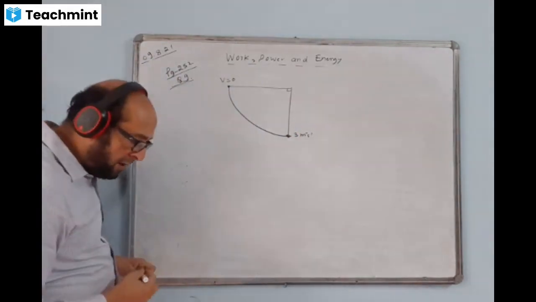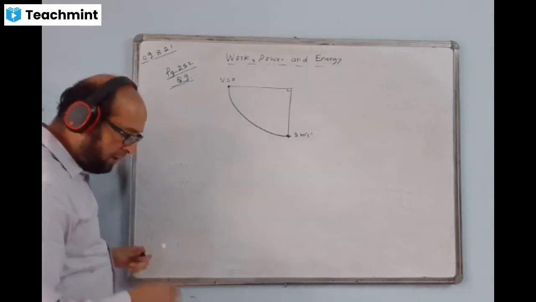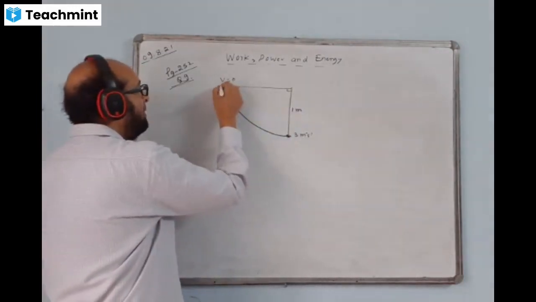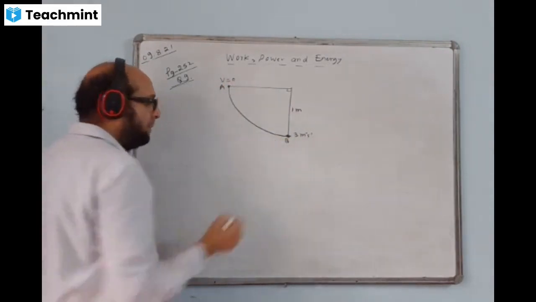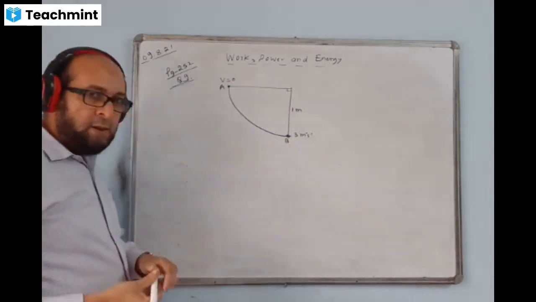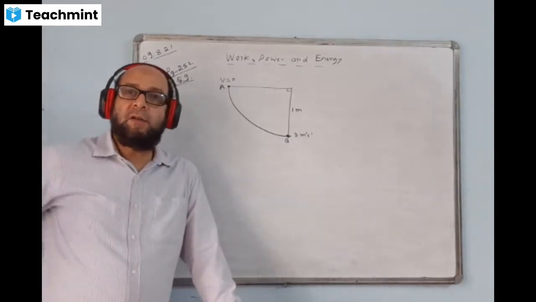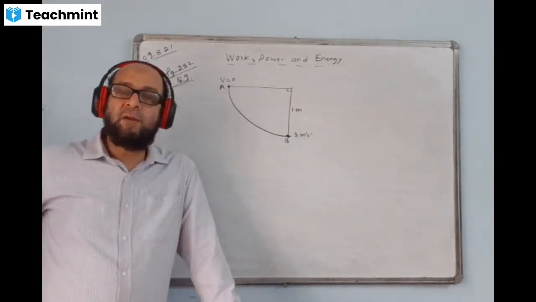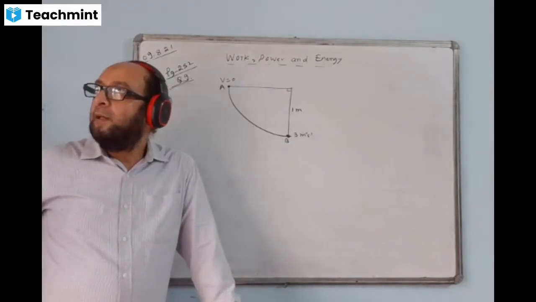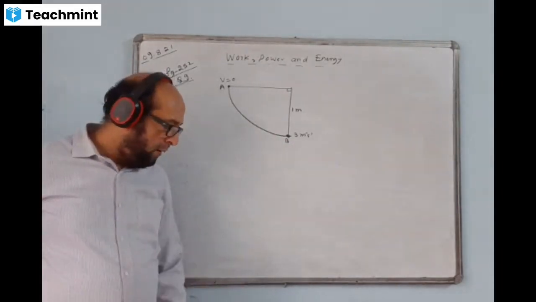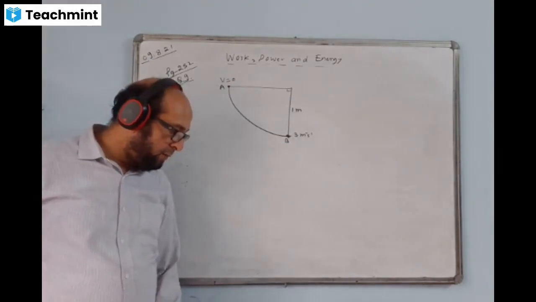The radius of the quadrant is given 1 meter. I'll take this point A and point B. Question is asking you to find the work done by friction. How do you find the work done by friction? Any idea?